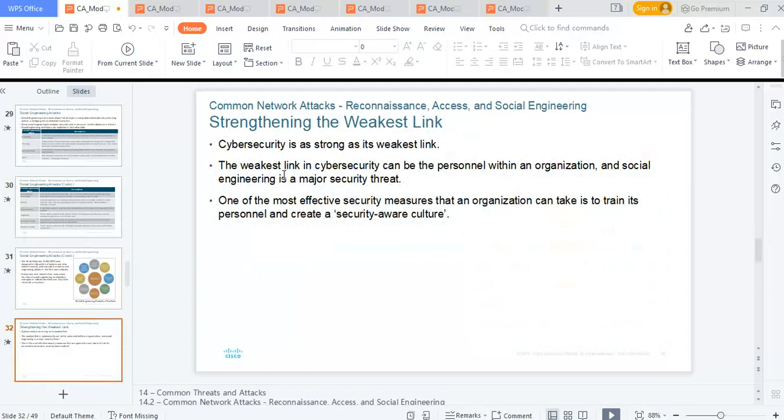Okay, don't forget, you need to strengthen your weakest link. Cybersecurity is as strong as its weakest link. That's why we say social engineering is often exploited for most IT infrastructures that have very good security at the software layer.